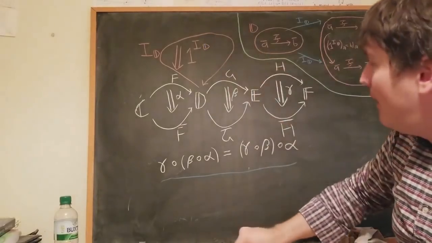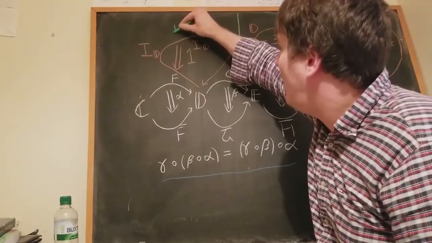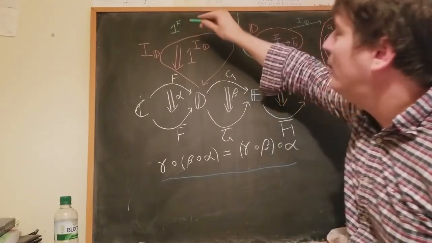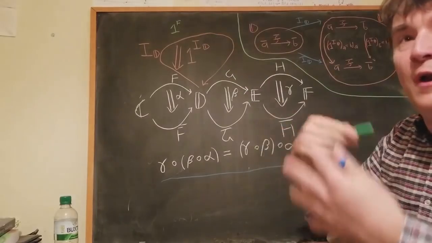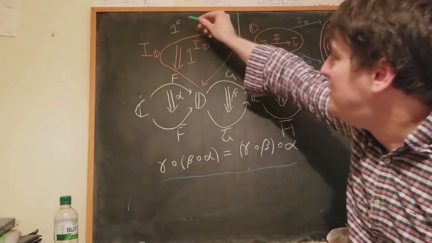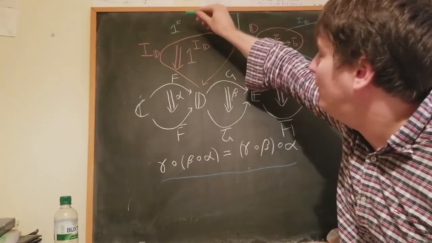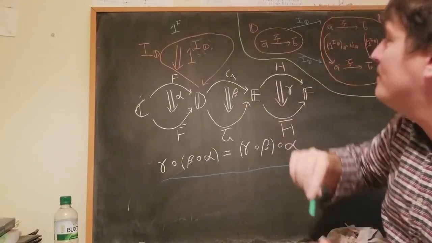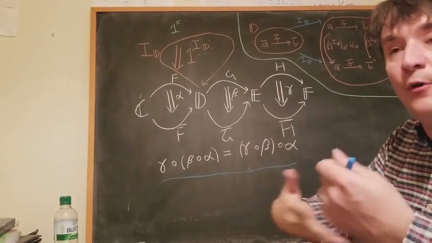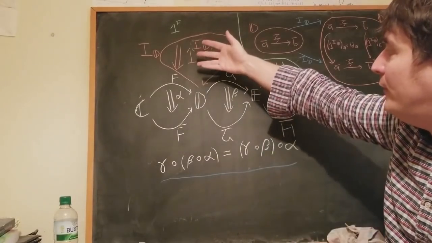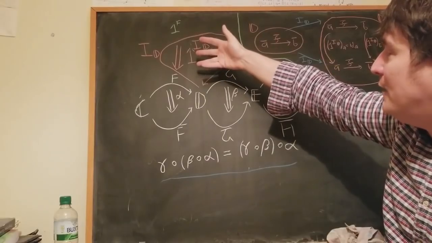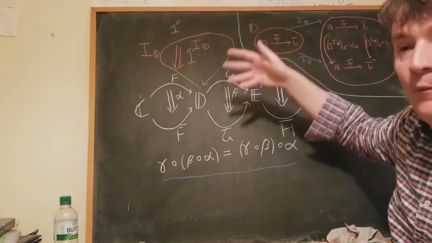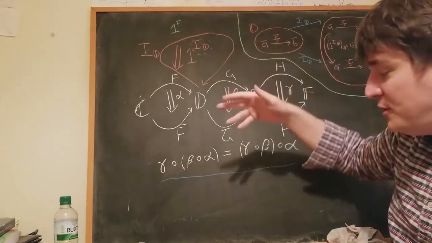Okay, so remember, for a functor F, I'm writing 1 superscript F to denote the identity natural transformation associated with that. So here the functor in question is this identity functor. So it turns out that a natural transformation like that operates as a sort of identity with respect to this horizontal composition.